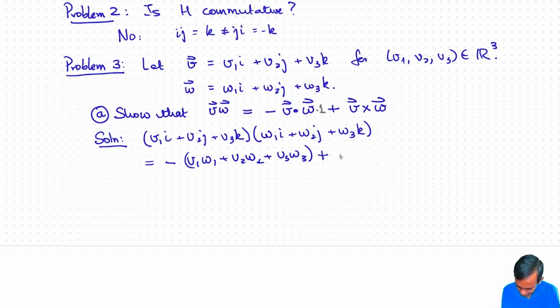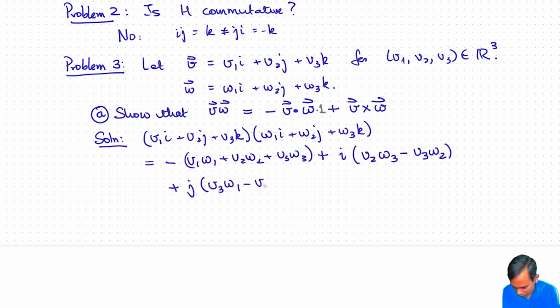So I'll get i times v2 w3 minus v3 w2, plus j times, and similarly, v3 w1 minus v1 w3, plus k times v1 w2 minus v2 w1, and that's exactly the right hand side.